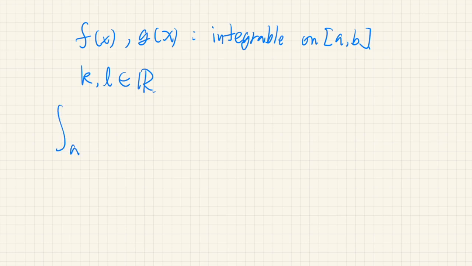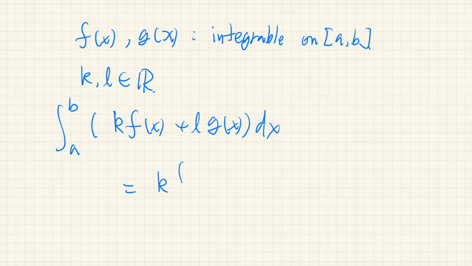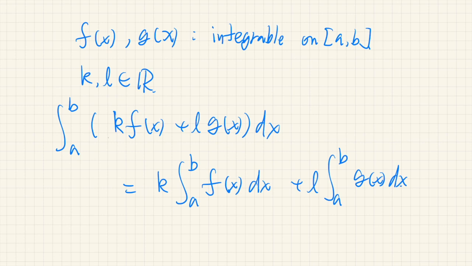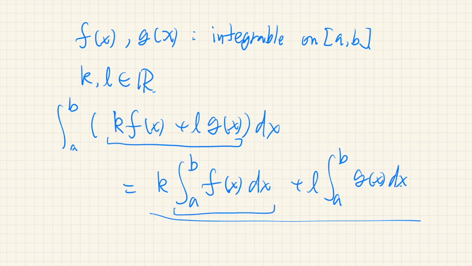Then the integral of a linear combination of these integrable functions is, guess what, a linear combination of integrals. So we integrate a linear combination of two functions, and the result is the linear combination of the integrals of each function.